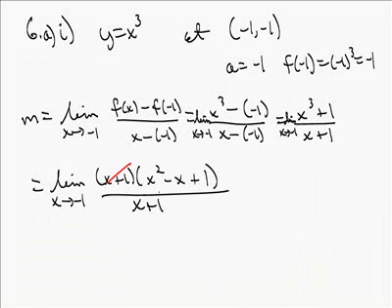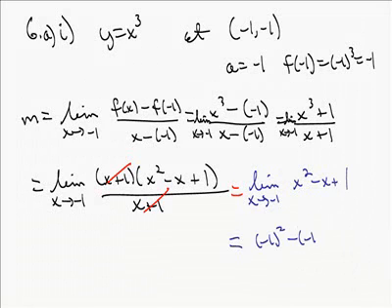And so this simplifies into the limit as x approaches -1 of x squared minus x plus 1. Now this function is defined at -1, so we can put -1 in, and we get -1 squared minus -1 plus 1, or 1 plus 1 plus 1, which is 3.